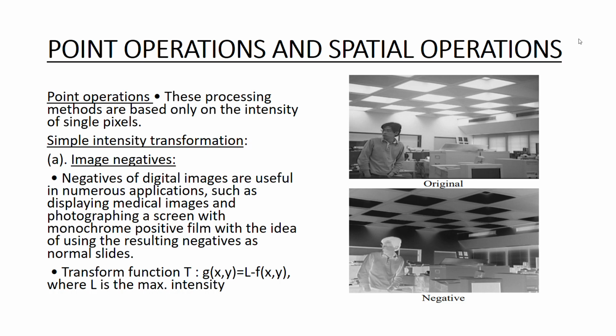Transform function T is given as g(x,y) = L - f(x,y), where L is the maximum intensity. On the right side you can see the original image, and when the negative operation is performed on this image, it is shown below.